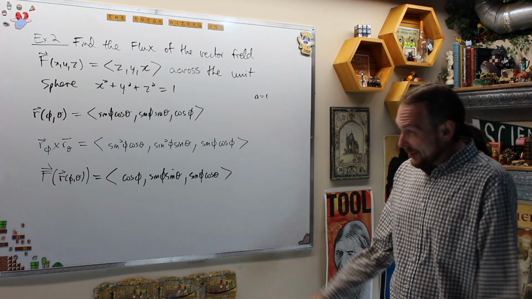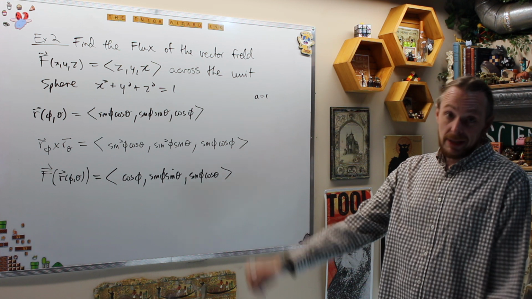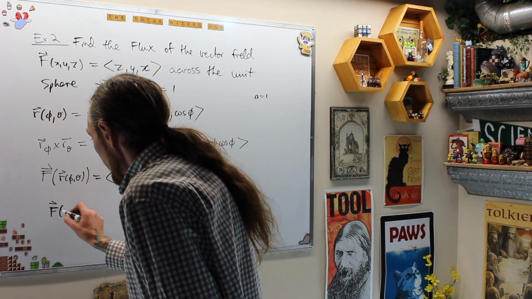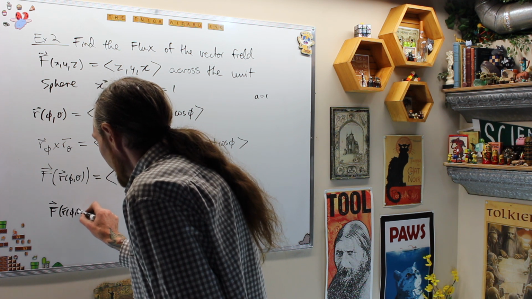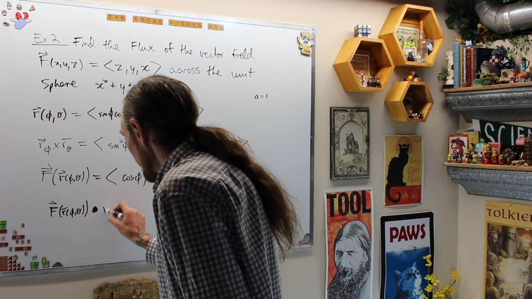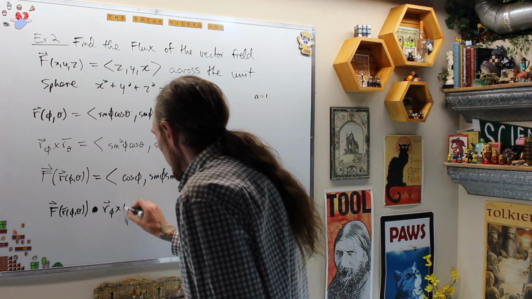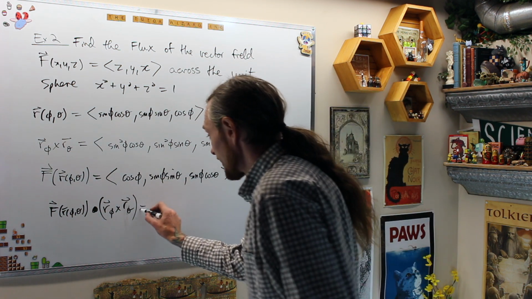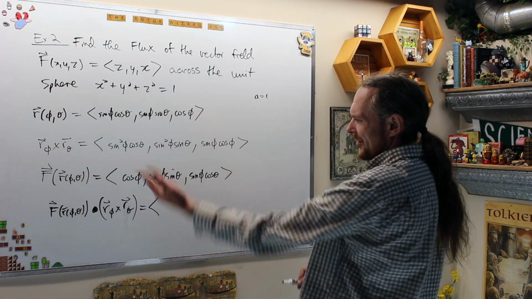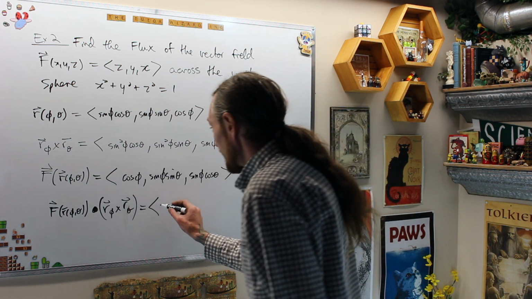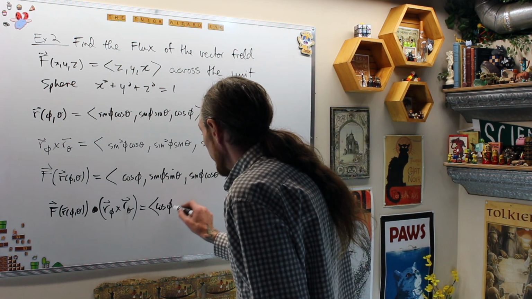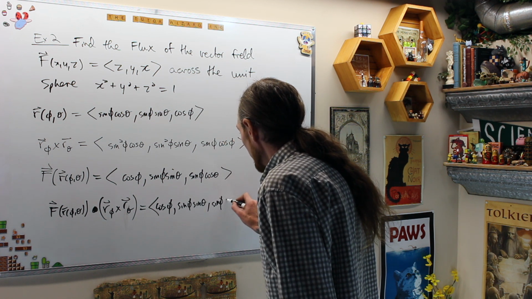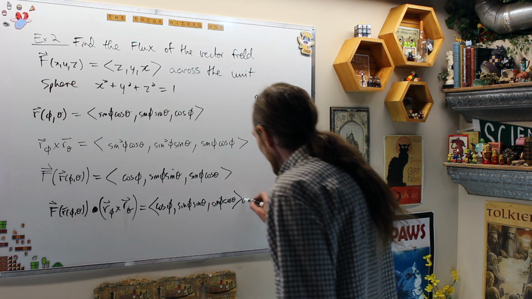Then, I'm prepping everything before I put it in the pot and stir. Once I do that, now what do I need? I need F of r(phi, theta) dot product with r_phi cross r_theta, which is a horrible nightmare in notation, I understand, but this is now two vectors.